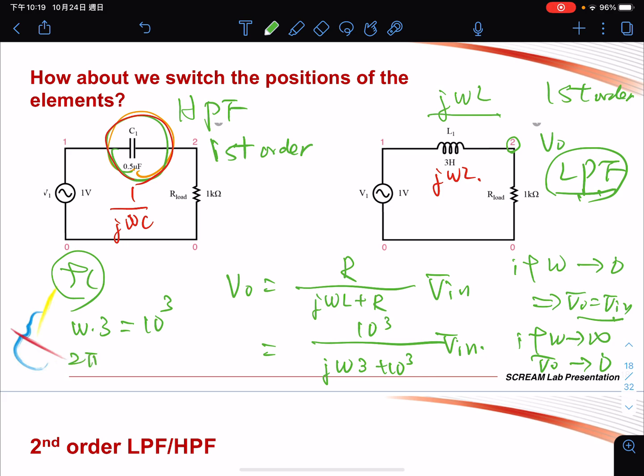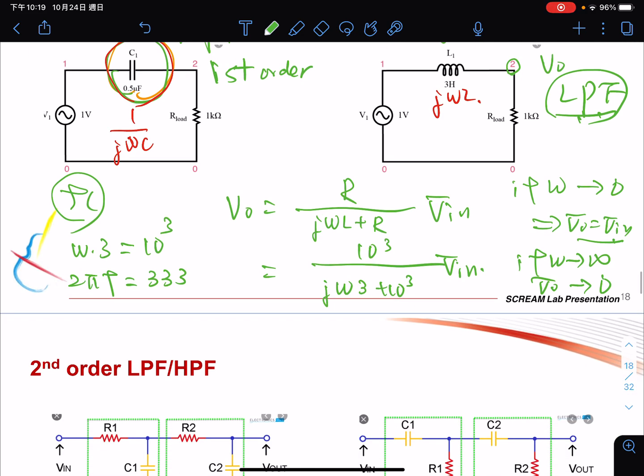So that means 2 pi f will be approximately 333, and 2 pi is 6.28. Then the cutoff frequency will be 333 over 6.28, which is approximately 50 hertz.